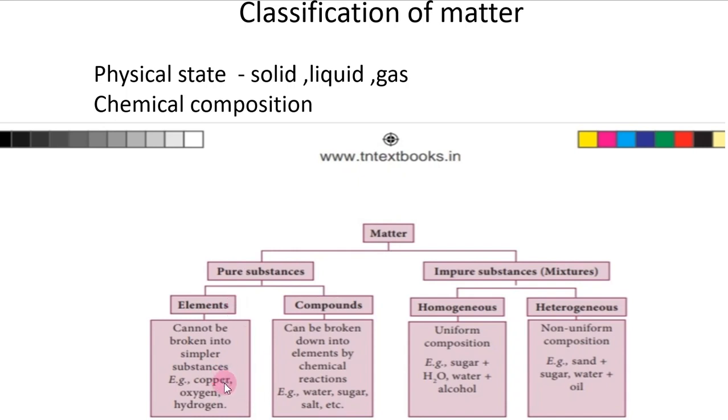If you take coal, you all know, right? Coal contains carbon. This coal contains repeating units of carbon. When you break this coal, you will get carbon only. So it contains the same kind of atom, only one kind of atom, but compounds contain different kinds of atoms.